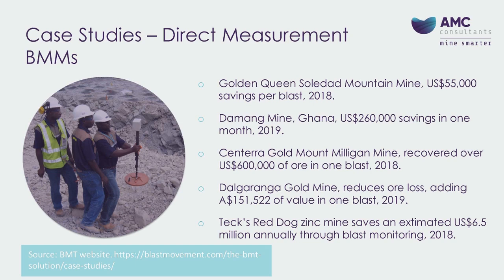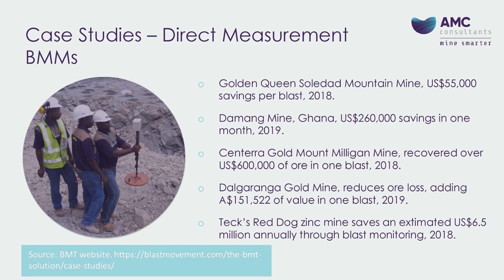The Centerra Gold Mount Milligan mine was able to recover over $600,000 US of ore in one blast in 2018. And these examples, there's many, many more, and they're all on the website that I've included as a source if you want to have a look for yourself. So the effectiveness of the BMM system is well documented and well known.